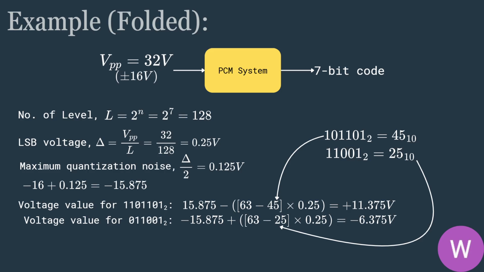So VKH for this, because H stands for highest quantization value, is 15.875. The negative 15.875 is VKL, lowest. The highest is the positive 15.875. And then Z is the value when all bits are equal to 1. So this question is a 7-bit code.